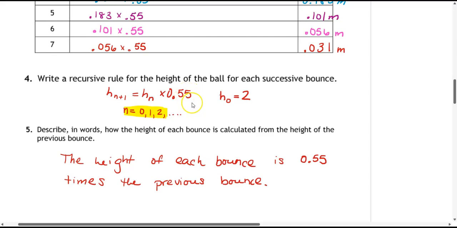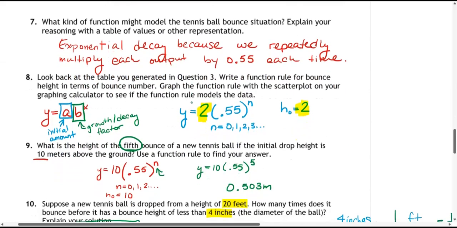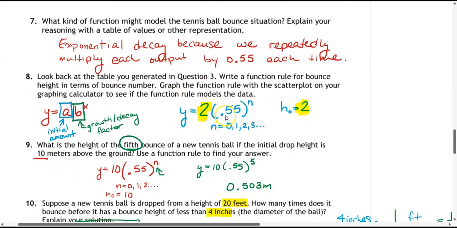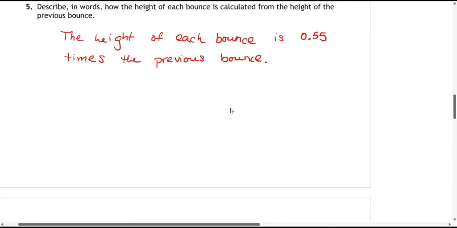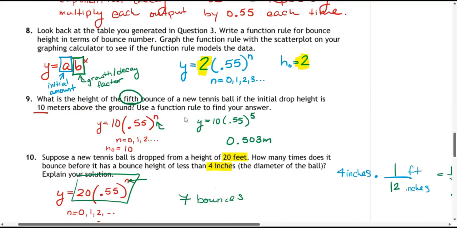My function rule for one exactly like this was right here, 2 times 0.55 to the n value. So it's taking that initial amount, multiplying it by 0.55 to the n power. And that's just saying that I'm taking the previous term and multiplying it by 0.55. So they're very similar in that you're multiplying by the same number each time.